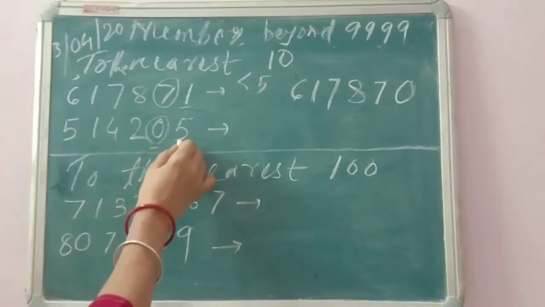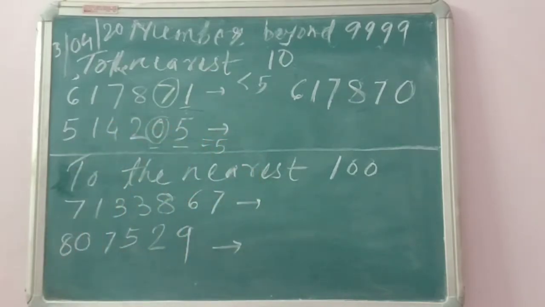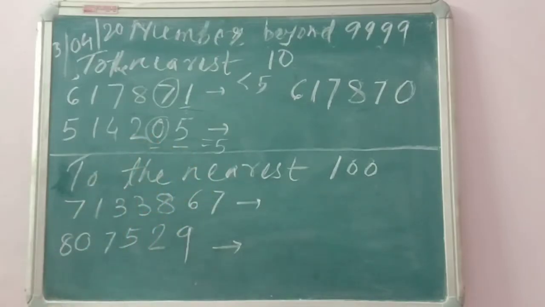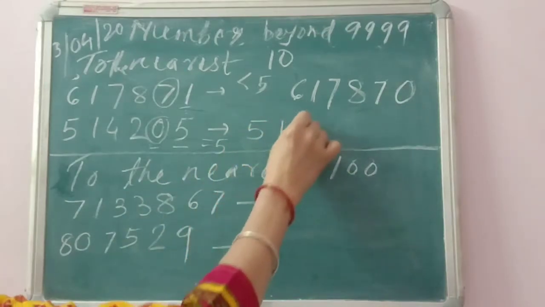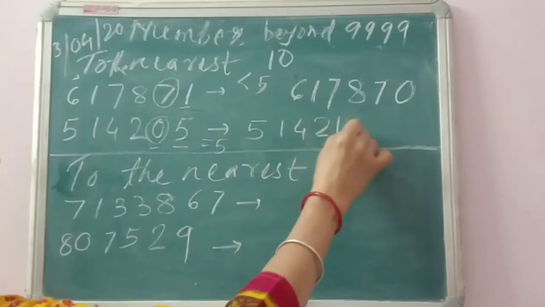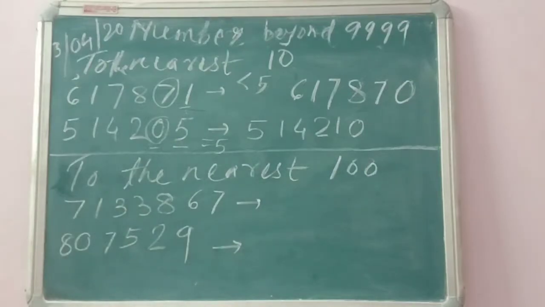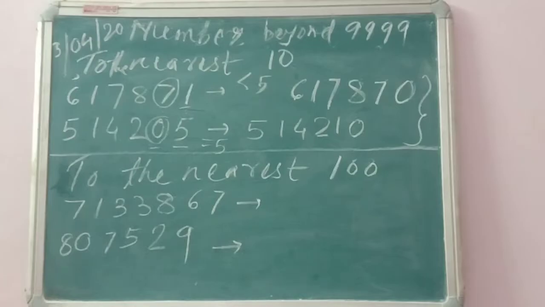In this case it is equal to 5. That's why the digit at the tens place will go to the next 10. Hence this number will now be 514210, because the ones place we are replacing by 0. Do you understand, children, how we have rounded off these two numbers to the nearest 10?